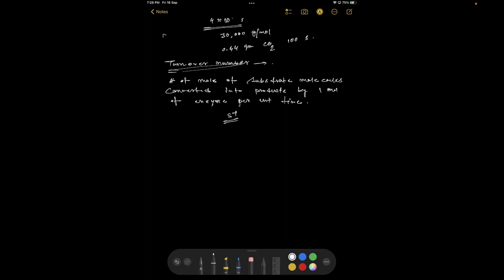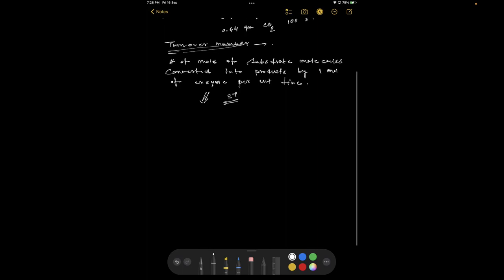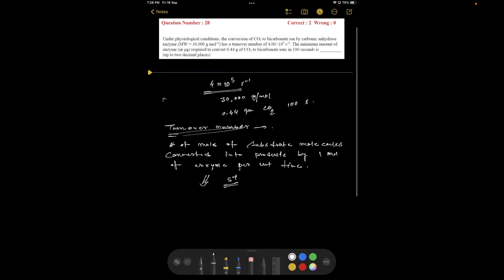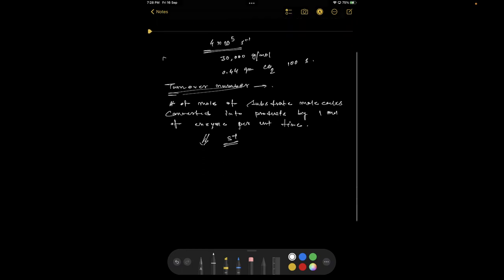Here in the definition of this turnover number, it is approximated that the enzyme molecule has one activation state, one reactive state. Now in this case the turnover number is 4 times 10 to the power 5 second inverse.